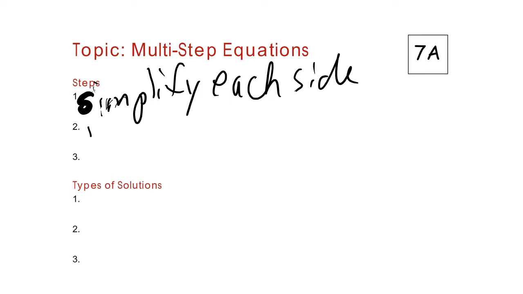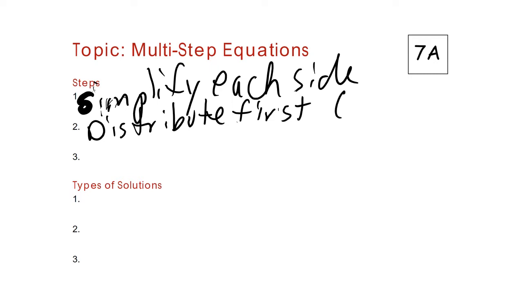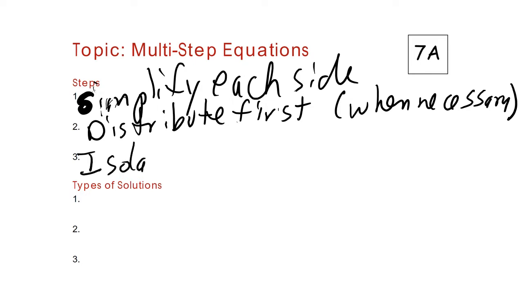Number two, distribute first. If there are parentheses, we have to distribute to get rid of them. So this is when necessary. And number three, our goal is always to isolate the variable.